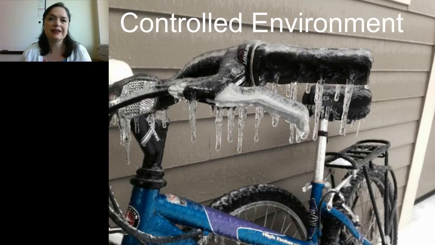They're used to being in the incubator, they're used to their media being a certain pH, they're used to a certain amount of CO2 and oxygen. And so when you take them out of that incubator and put them on the microscope, you have to be sure to do some things to accommodate them and control their environment. Because if you don't, it's kind of like asking you to get on that frozen bicycle and start riding like you were riding on a nice summer day.